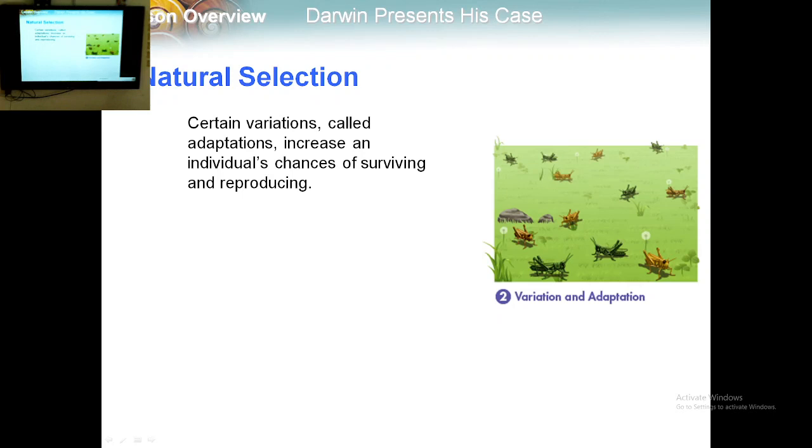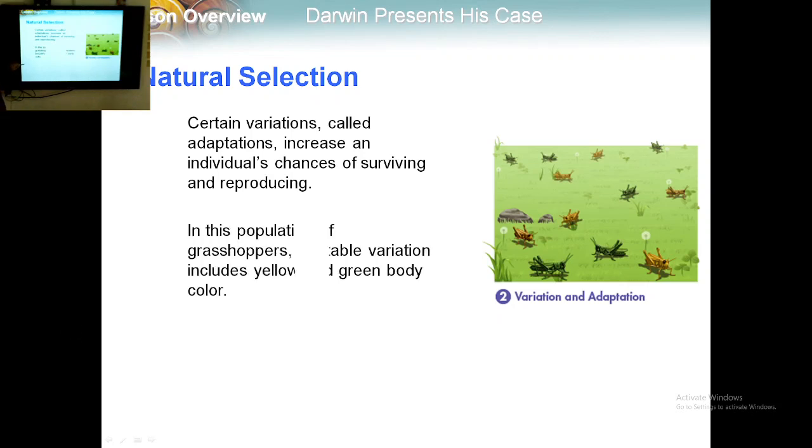As you can see in the next picture, which is variation and adaptation, certain variations called adaptations increase an individual's chances of surviving and reproducing. Here we have two colors for the grasshoppers, the yellow and the green. The yellow will be easier for another organism to eat, while the green color will be harder for other organisms to eat because it's like a camouflage, okay?